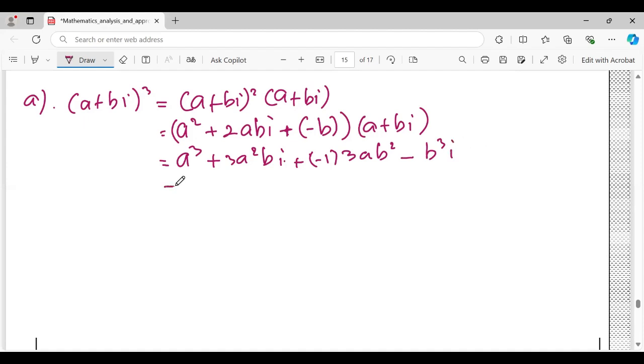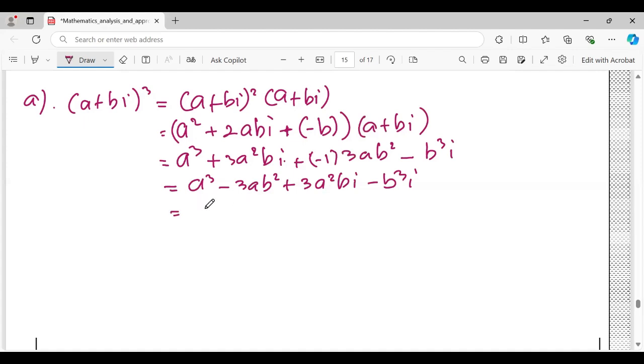And it's going to be a cubed minus 3ab squared plus 3a squared bi minus b cubed i.